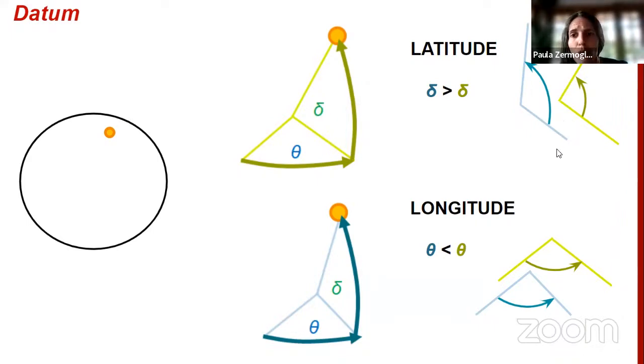And so what we do is ask, what is the maximum error, which is the maximum difference that I can have if it was in one datum or in another for the coordinates. Does this help understand what the uncertainty associated with datum is about?